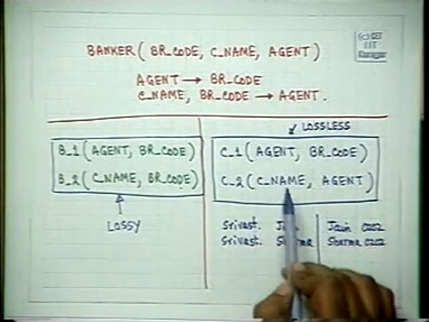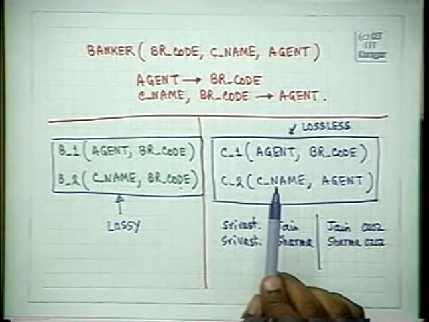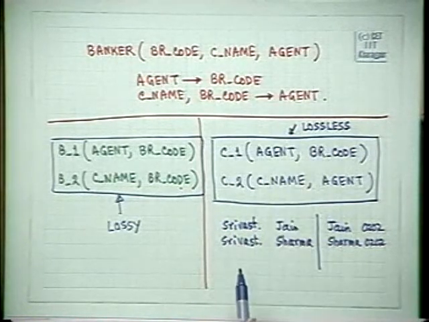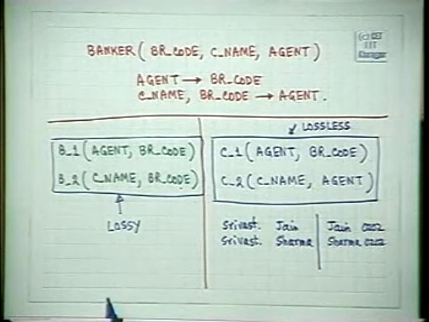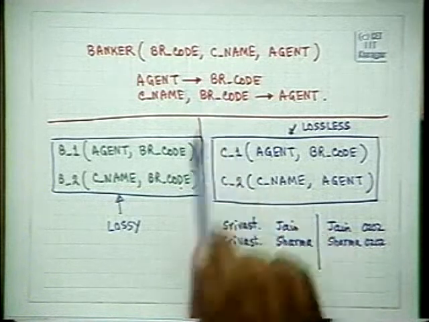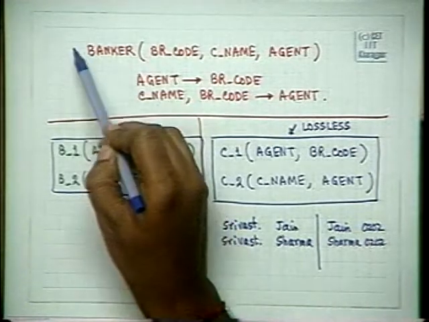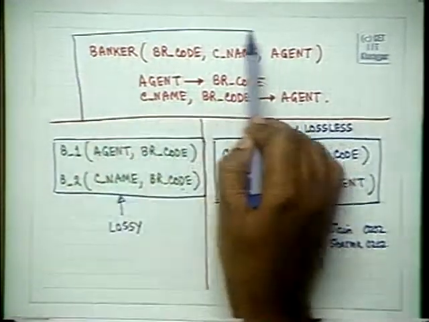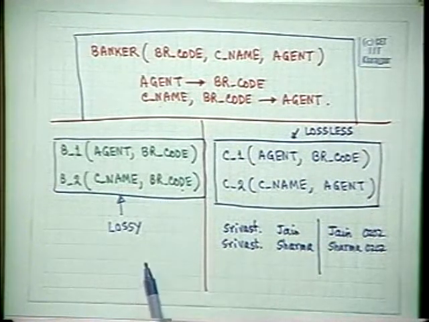So this is a lossless decomposition as well as in Boyce-Codd normal form, but it is not a dependency preserving decomposition. So we now have an example in which you have got two options.